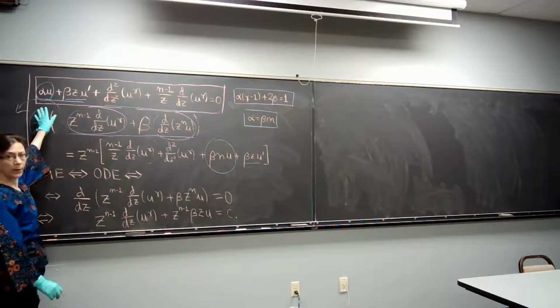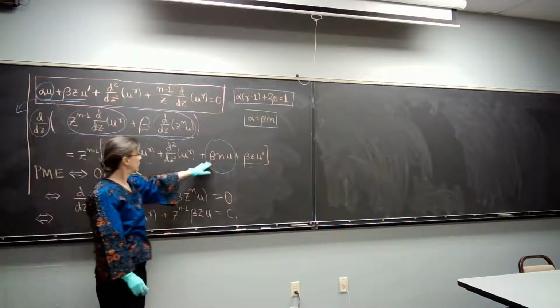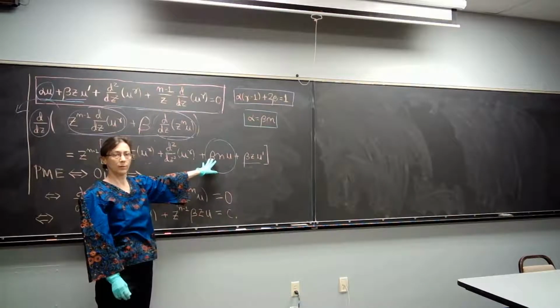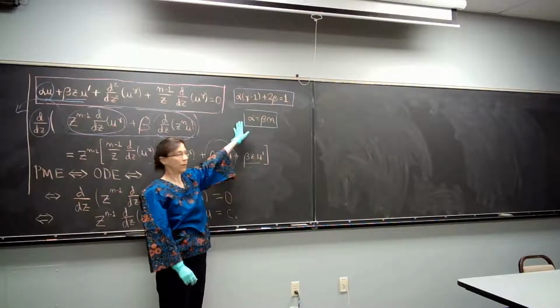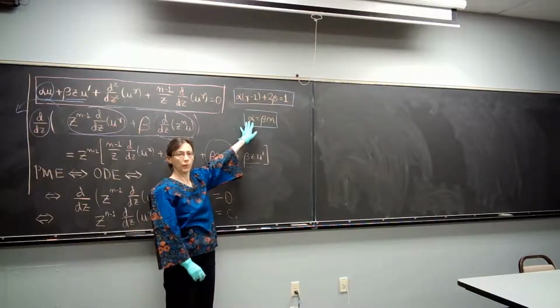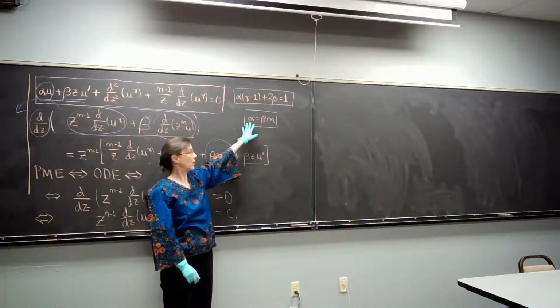But for my u terms to match up, now alpha has to be equal to beta times n, right? So I found another condition relating alpha and beta. I put that over here and I put a box around it.